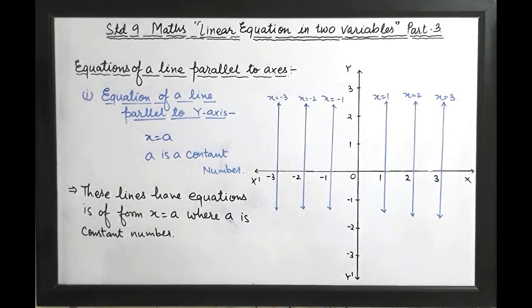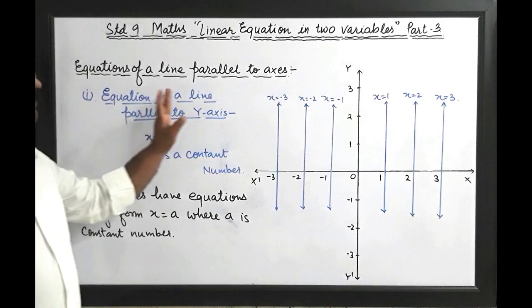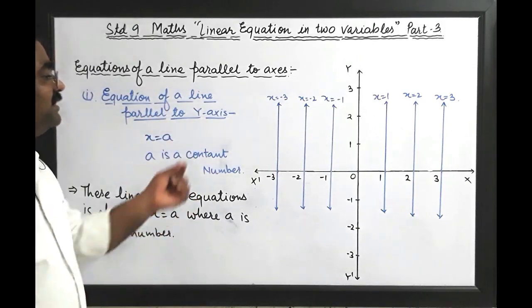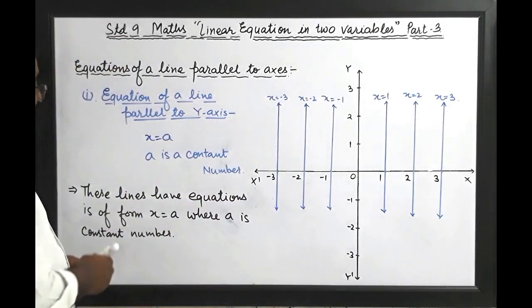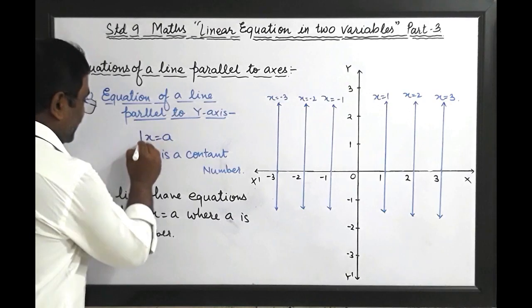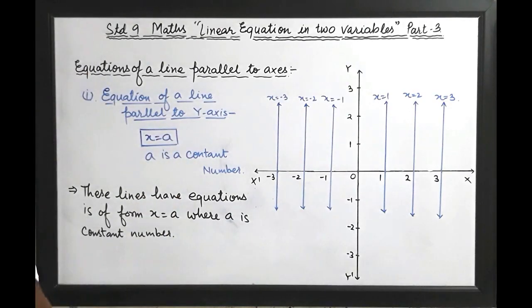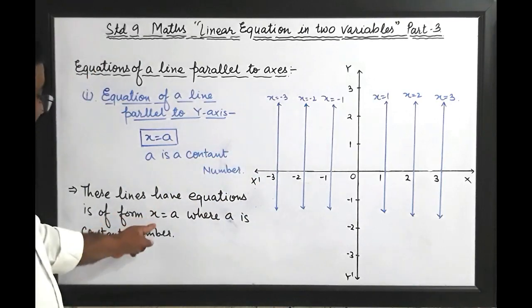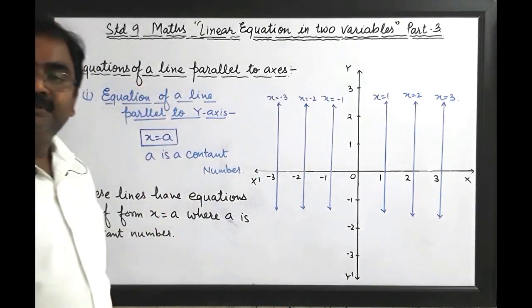Right children? So always keep it in mind, the equation of a line parallel to y-axis will always be in this form, x equals to a constant. That's why the general number we have taken, x is equals to a. A can be a positive or negative constant number. Therefore, these lines have equations of the form x is equals to a, where a is a constant number. Right children?